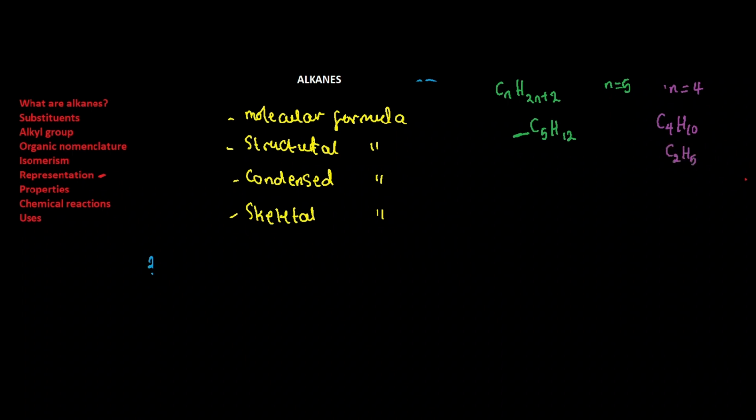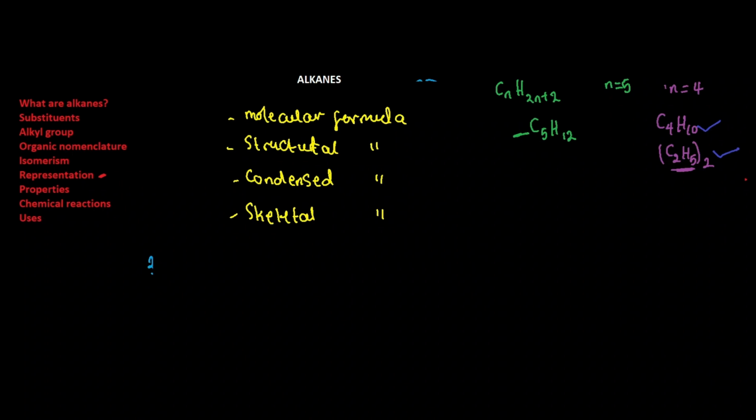So this would be represented as (C2H5)2, that is reducing this to the lowest term with a 2 outside the bracket. So this would be the empirical formula. However, the molecular formula tells you the exact number. So for C4H10, the molecular formula would be this, and the empirical formula would be this.